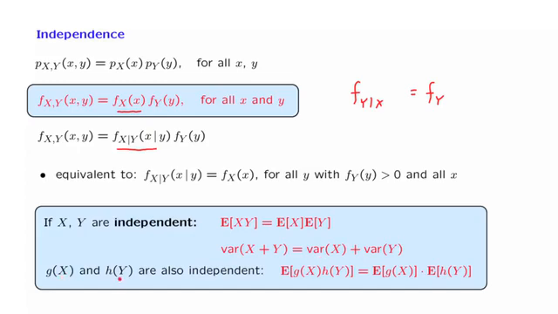And functions of independent random variables are also independent, which in particular implies, using the previous rule, that the expected value of a product of this kind is going to be the product of these expectations. So, independence of continuous random variables is pretty much the same as independence of discrete random variables as far as mathematics are concerned, and the intuitive content of the independence assumption is the same as in the discrete case. One random variable does not provide any information about the other.